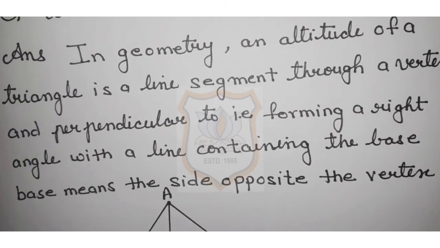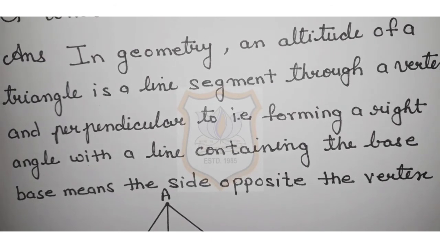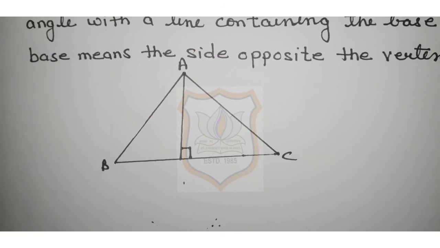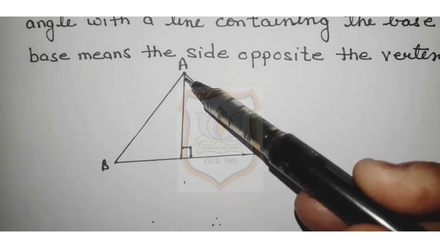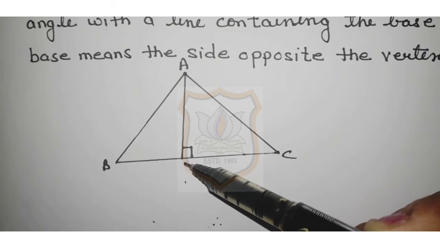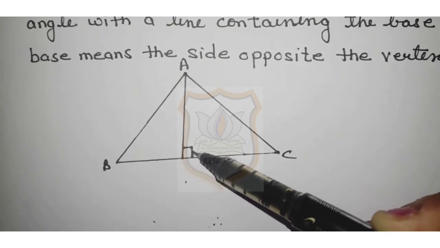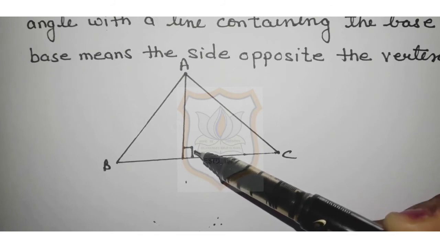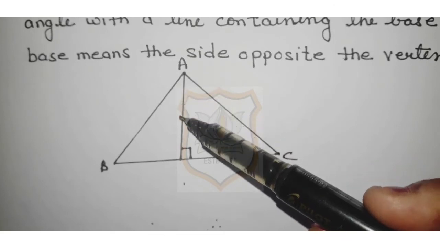I will explain with the help of a figure. Now see, this is a figure of a triangle. A line which starts from the vertex and touches the opposite arm or side of the triangle and makes a 90-degree angle, or we can say is perpendicular to it, is known as an altitude.